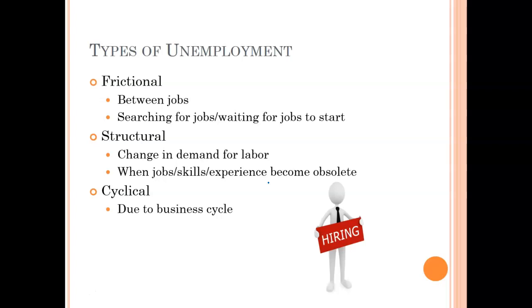Cyclical unemployment is the idea that somebody loses their position, their job, because of the business cycle, not because their skills are undesired, not because they simply want to look for a better job, but because it's just a downturn in the economy. And the hope is that once the economy goes back up during the expansion, their jobs will come back. And the last one is seasonal.